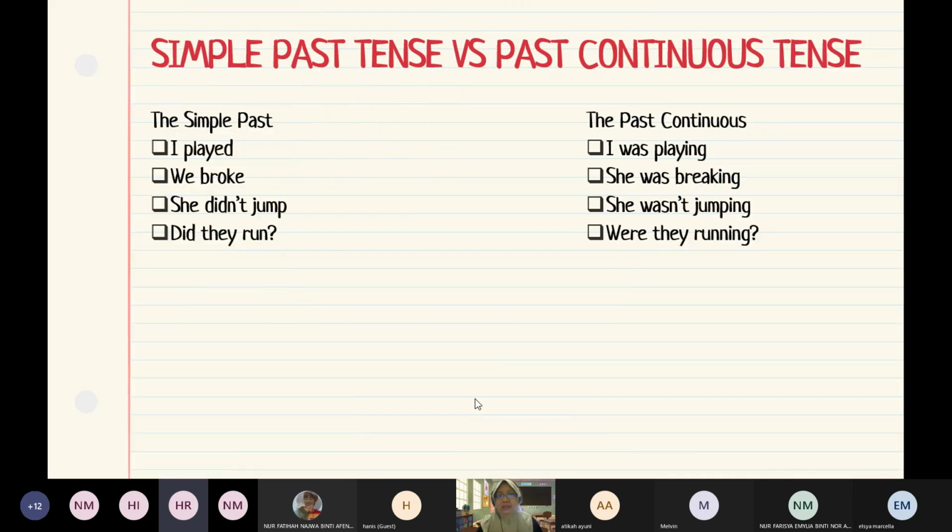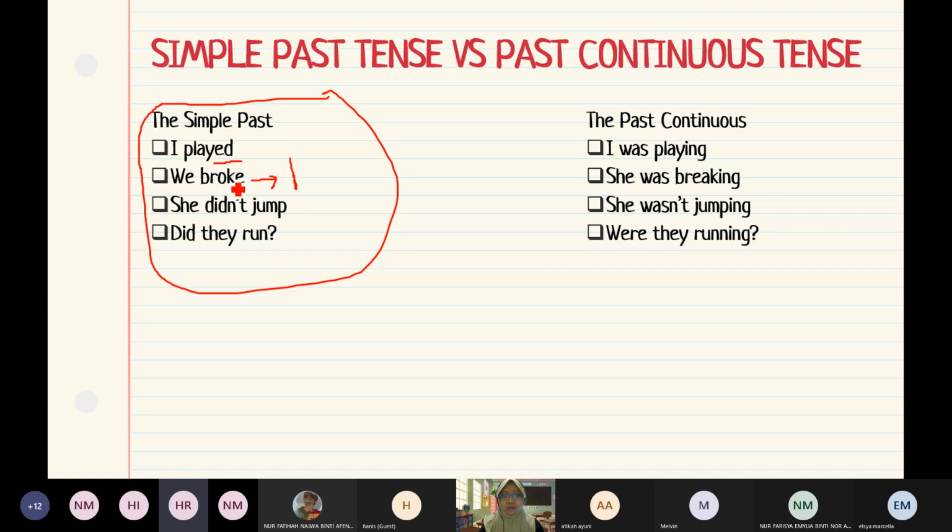All right. Okay, this is the example again of words for simple past tense. Some of the words you have to put ed. Some of the words we have to change totally. For example, this one, break.